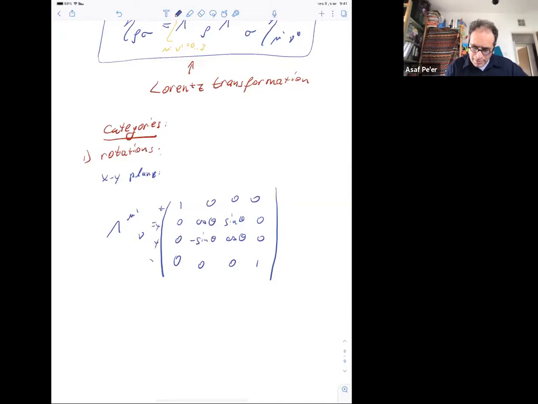Time, x, y, z, x0, x1, x2, x3. That's a rotation. That is a legitimate Lorentz transformation. Of course, theta can take values between 0 and 2 pi.